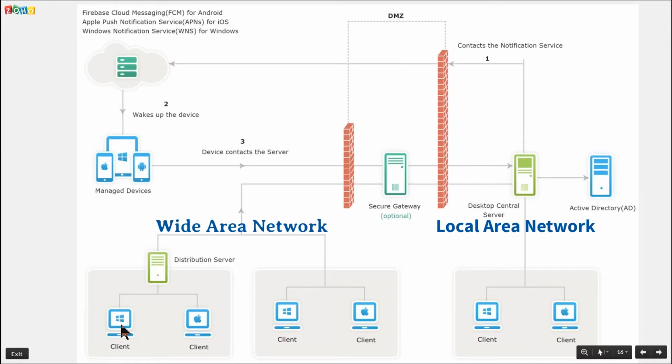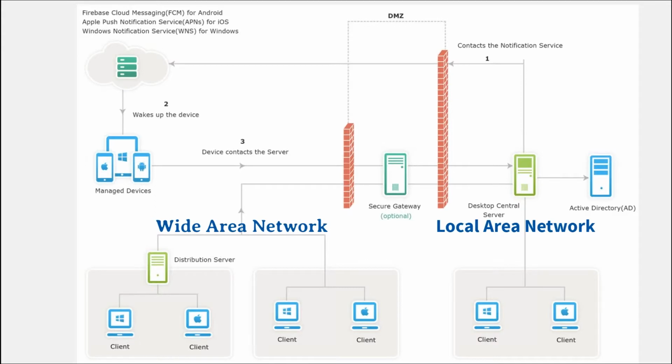You can allocate one machine among this group as a distribution server. After that, the client machines will not directly download the patches or jobs from the Desktop Central server. Instead, this distribution server alone will go to the main server, download the patches or the files required for the job, and distribute them locally to the client machines. So this feature helps you manage the bandwidth efficiently.